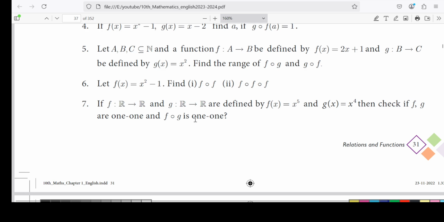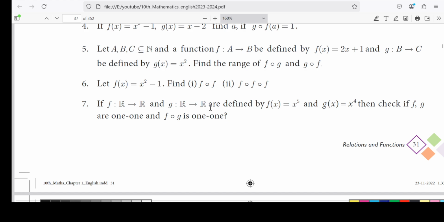In one of the previous videos, we had already discussed one-to-one functions and not one-to-one functions. And R represents real numbers. Real numbers include positive numbers, negative numbers, so it will include minus, plus, 0 and everything.